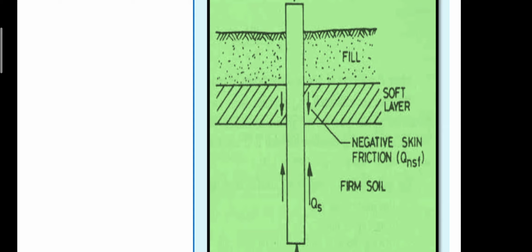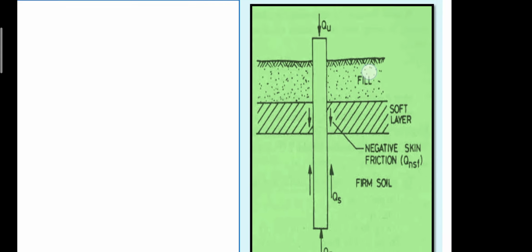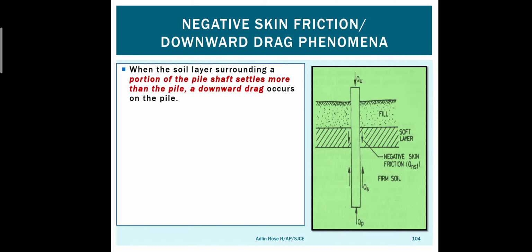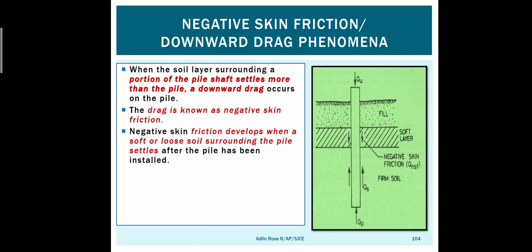There is a downward drag there. Because of this, the soil will settle. The downward drag exerted by the soil on the pile is known as drag down phenomena or negative skin friction. Negative skin friction, because it goes in the other direction. Instead of giving resistance by frictional resistance, there is a negative skin friction.